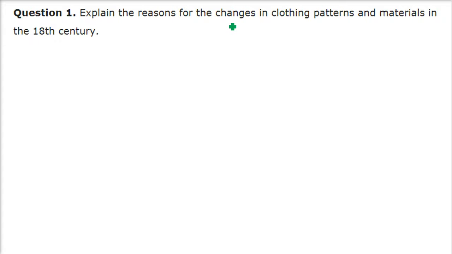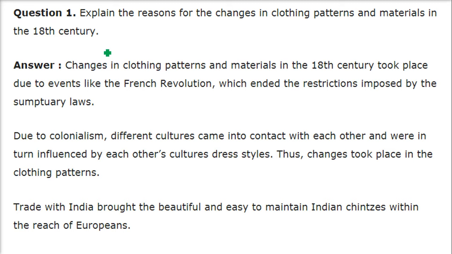Explain the reason for the changes in clothing patterns and materials in the 18th century. So, changes in clothing pattern and materials, that is the style and the content, in the 18th century took place due to events like the French Revolution. This French Revolution ended the restriction imposed on the dress code, that is, it ended the sumptuary law.